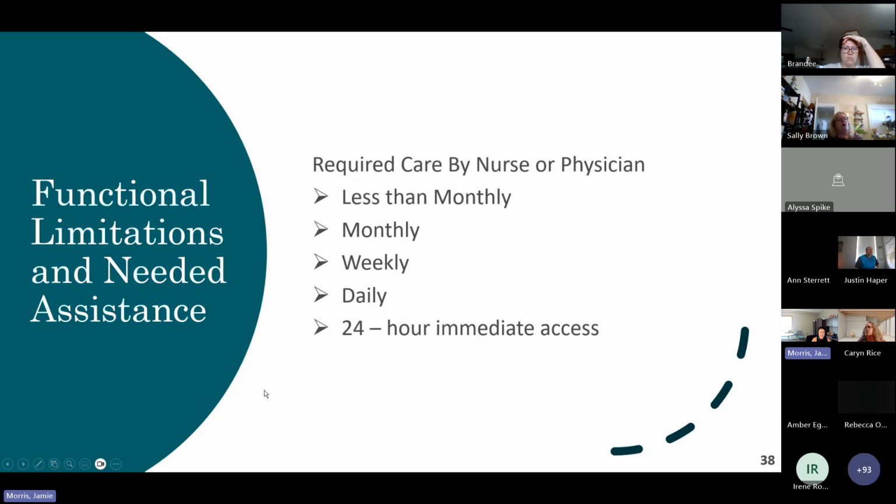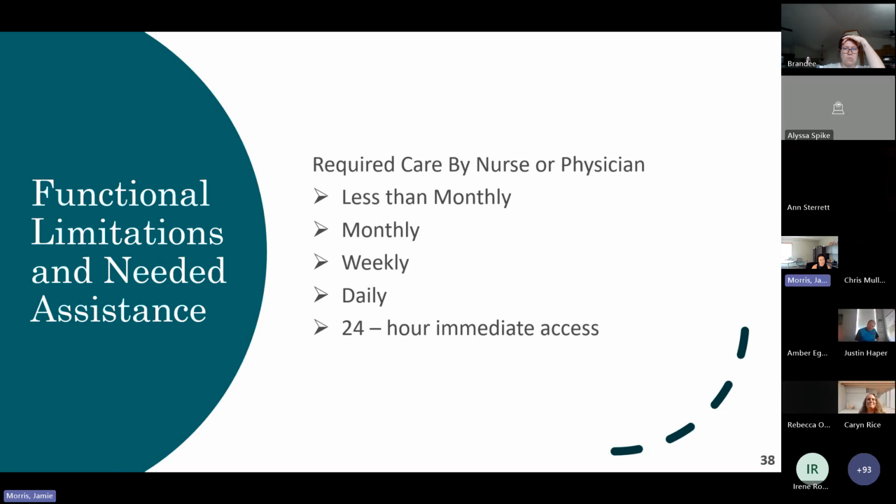Again, though, you're going to have the documentation to support that. So if somebody were to come back and look for that in their files, I'm going to be able to tell by their MAR or in their ISP what their level is and why they're needing that type of care.